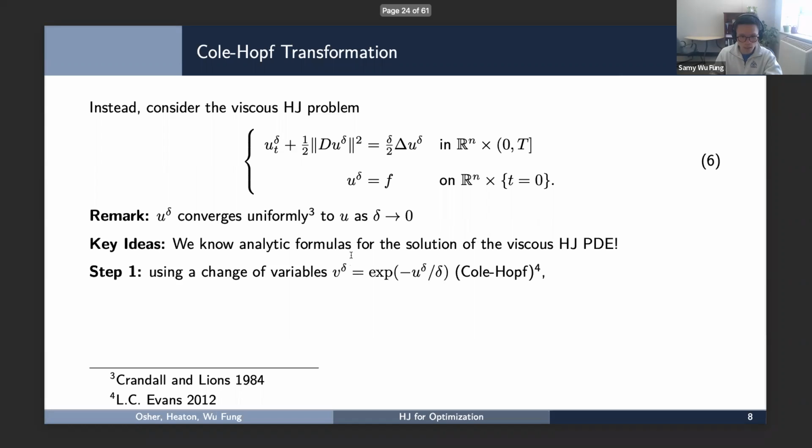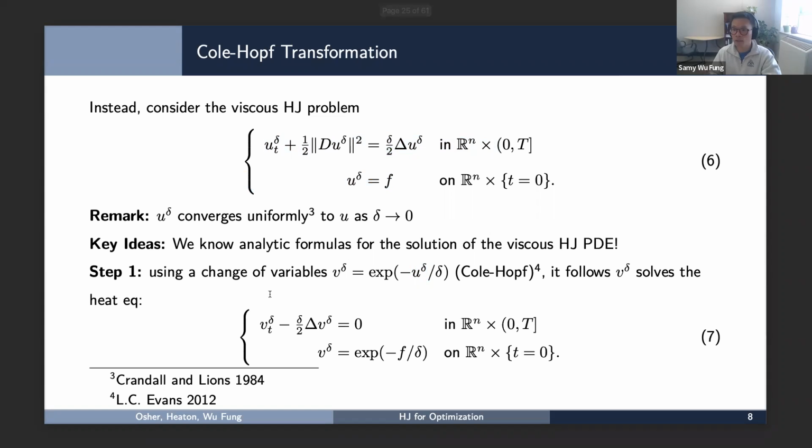Okay, so the first thing we do is consider a change of variables to show you how to actually get this analytic formula. We're going to consider a change of variables, V delta, where V delta is the following. I'm just going to take an exponential of negative U delta over delta. And this is called the Cole-Hopf transformation. And it turns out that if I make this change of variables, and I isolate U delta here, so if I take logs of both sides, multiply by -1, multiply by delta, so that I isolate U delta, and I plug it all back into this PDE, and rewrite this PDE in terms of V delta, I end up getting the heat equation.